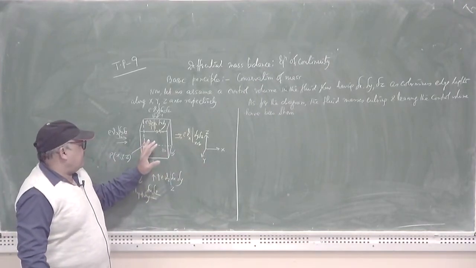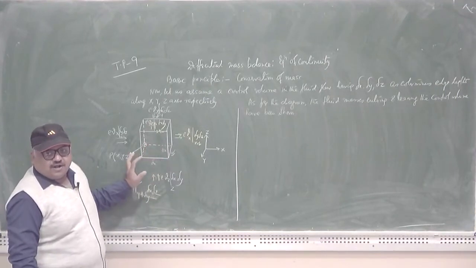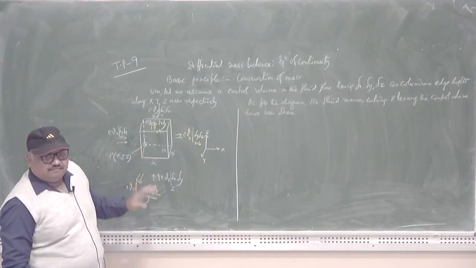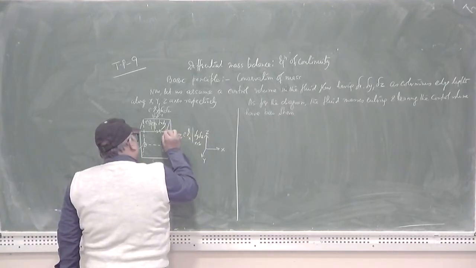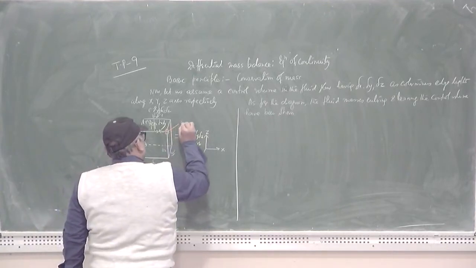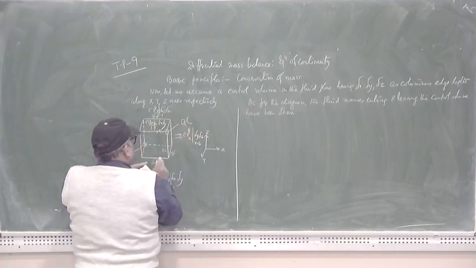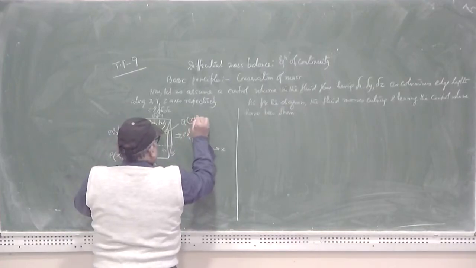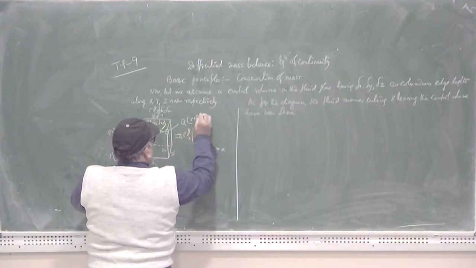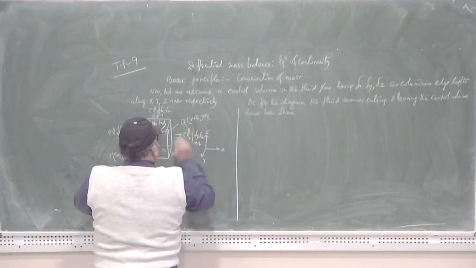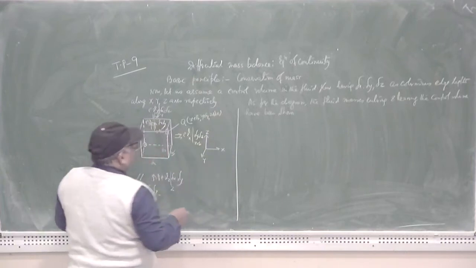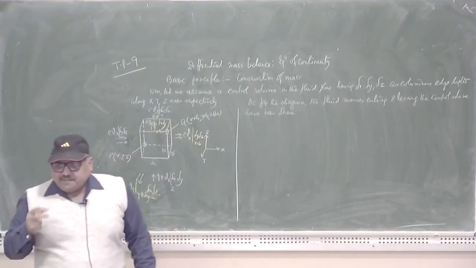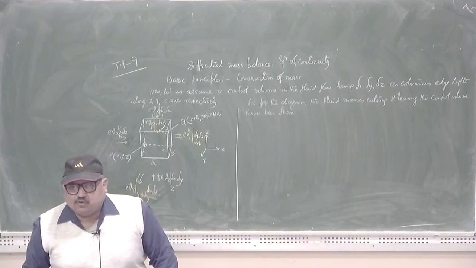Let us suppose I am assuming another point, Q, which has the coordinates x plus delta x, y plus delta y, z plus delta z. What is the peculiar characteristic about the points P and Q? You can observe.